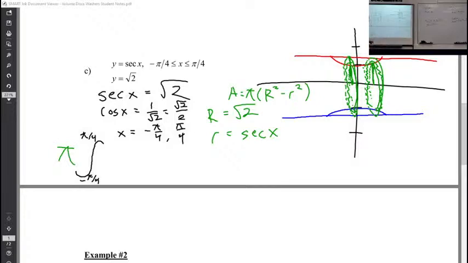We already figured out the bounds. And we have square root of 2 squared, that's big R squared, minus secant of x squared dx.